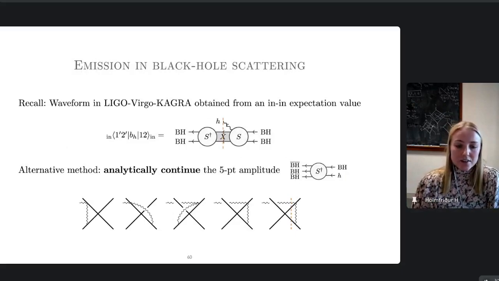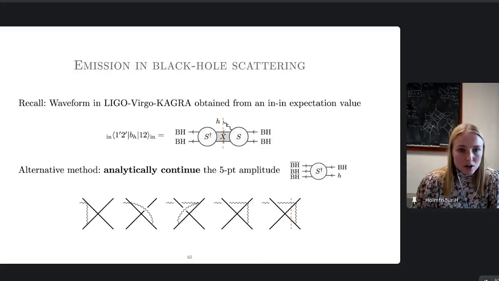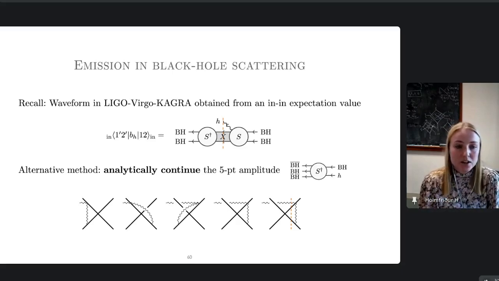So the last slide before conclusions is to recall that we talked a lot about the waveform as measured in gravitational wave experiments from scattering of black holes, which is obtained as an in-in expectation value. And we can compute it either via this modified LSZ, via summing amplitudes or cuts, but now we actually have a new method. We can analytically continue the 5-point amplitude, but it's kind of a crazy object to start with.